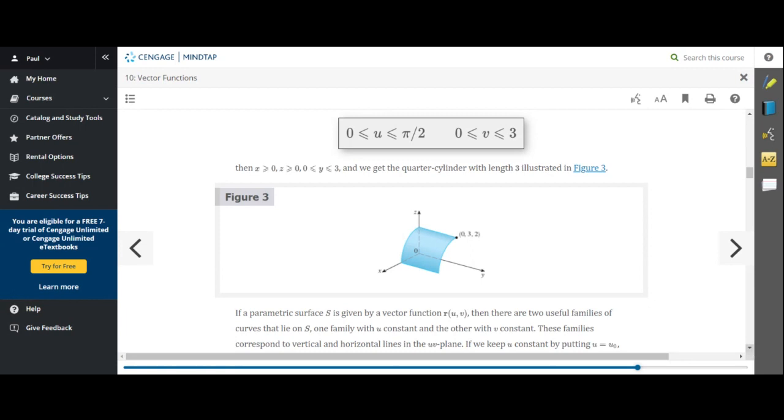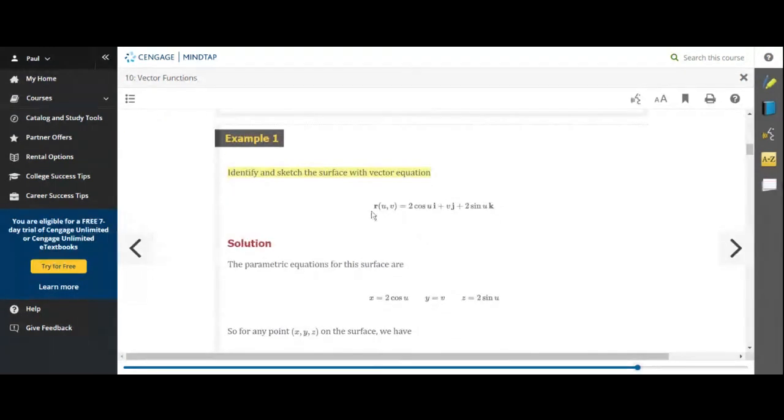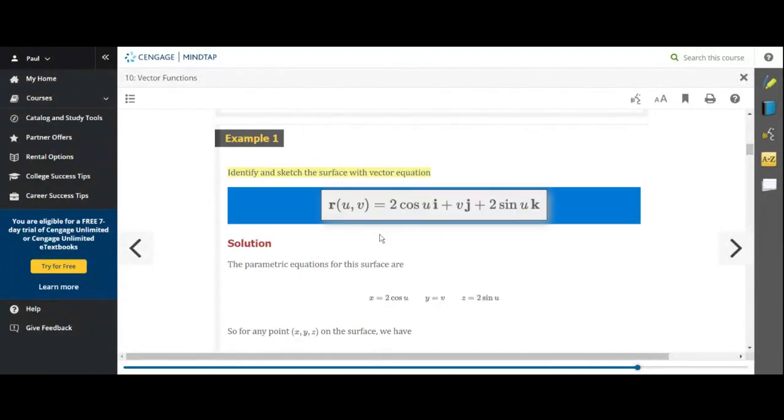If we go back to the original vector function, if u is between 0 and pi over 2, that means you're only going to graph, in order to do a complete circle, you would have to go between what values?